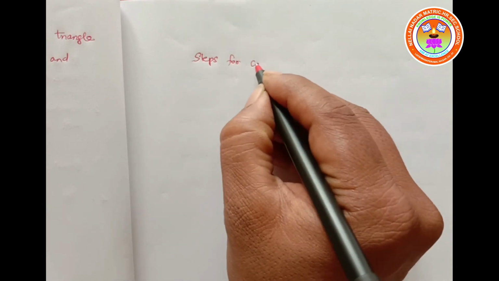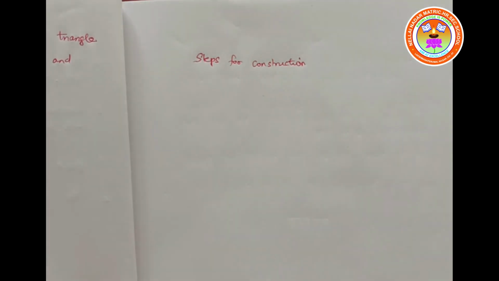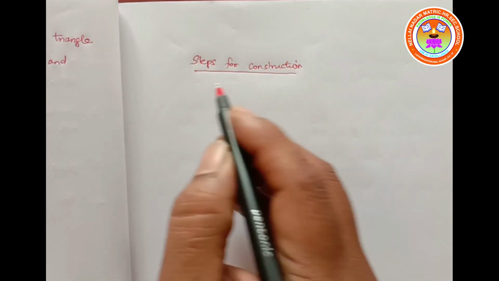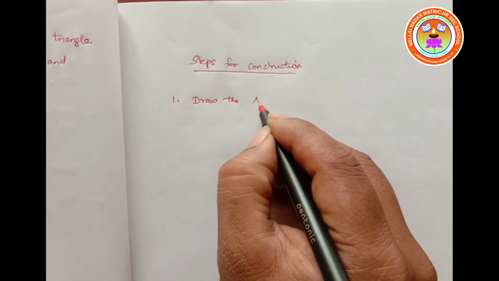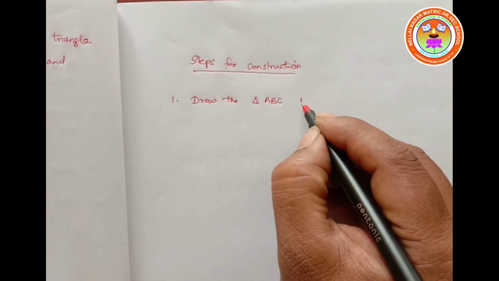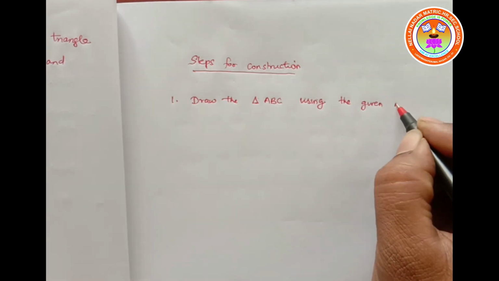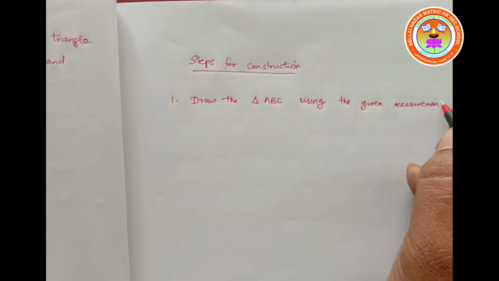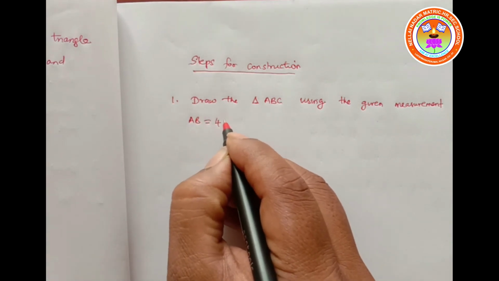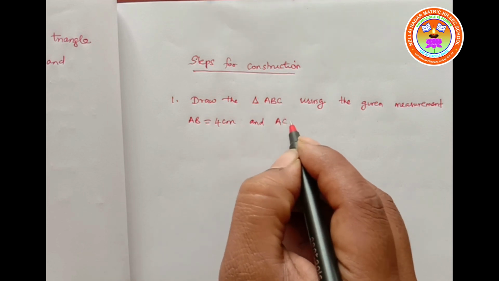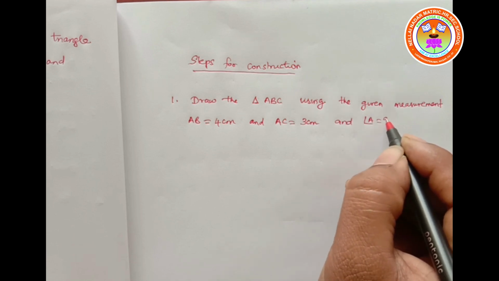First one, draw the triangle ABC using the given measurement: AB equal to 4 centimeter and AC is equal to 3 centimeter and angle A is equal to 90 degree.